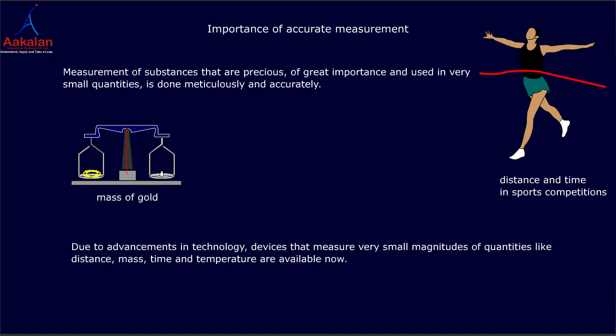Due to advancements in technology, devices that measure very small magnitudes of quantities like distance, mass, time and temperature are available now. For example, distance and time in sports competitions, mass of gold, body temperature, etc.